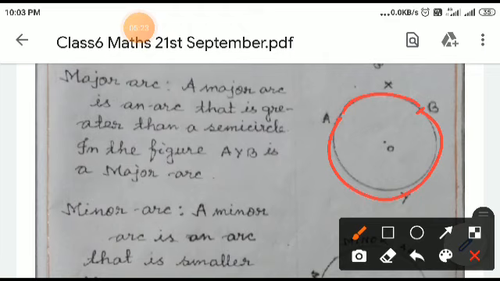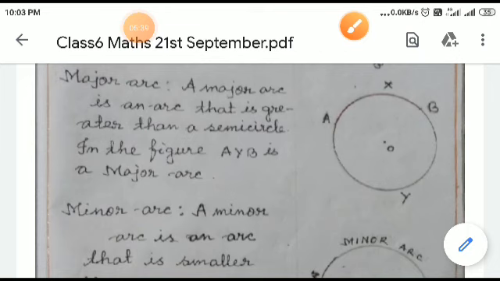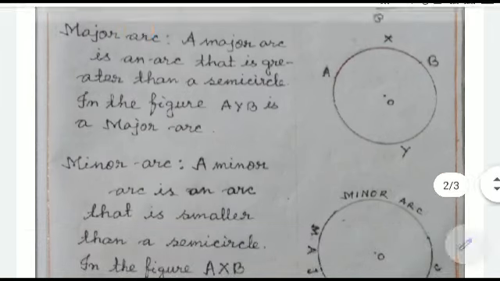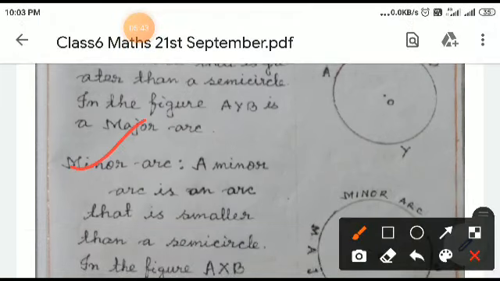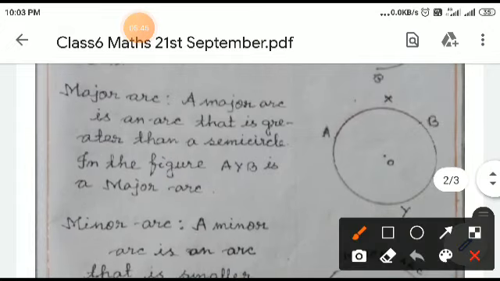It is called the minor arc. So, a major arc is an arc that is greater than a semicircle. In the figure, AYB is the major arc. And a minor arc is an arc that is smaller than a semicircle. In the figure, AXB is the minor arc.